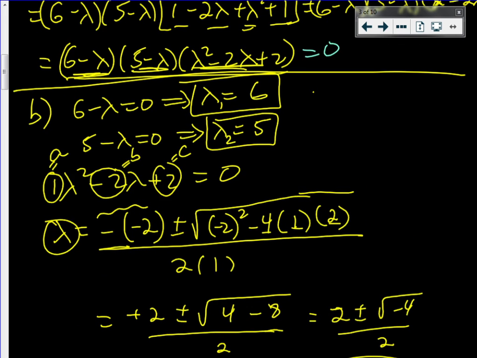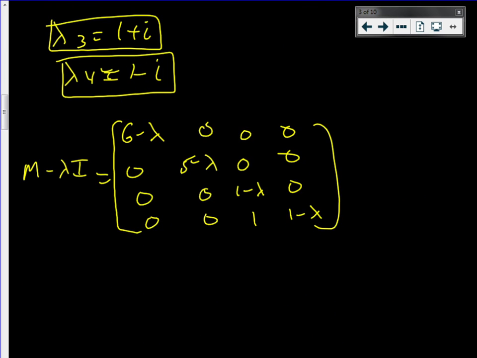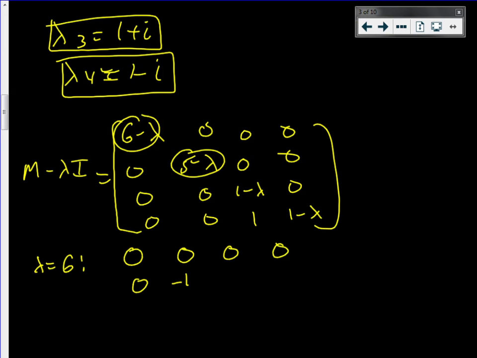Now what we want to do is, let's not make any silly mistakes. Lambda 1 was 6. But now, if lambda is 6, 6 minus 6 is 0, 0, 0, 0, 0, 5 minus 6, 0, 0, 0, 0, 1 minus 6, 0.